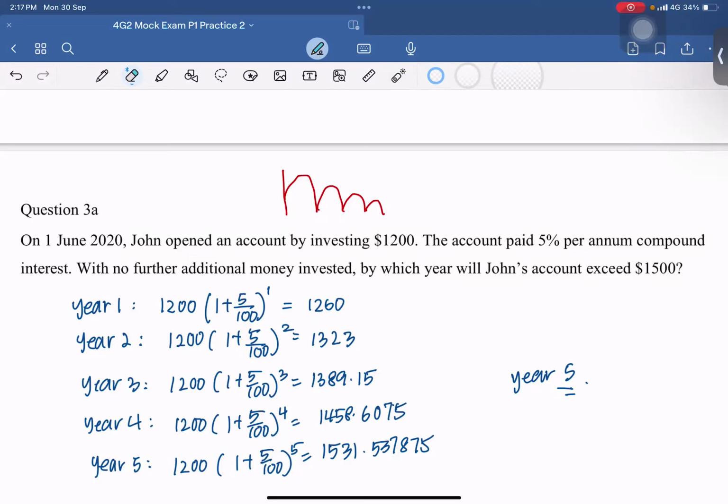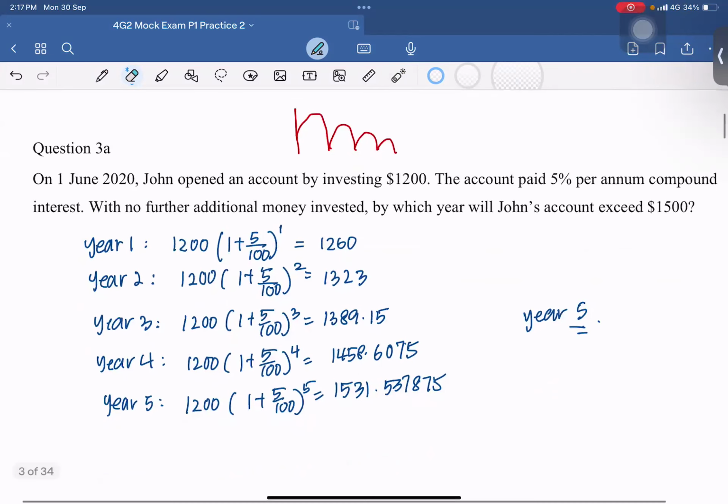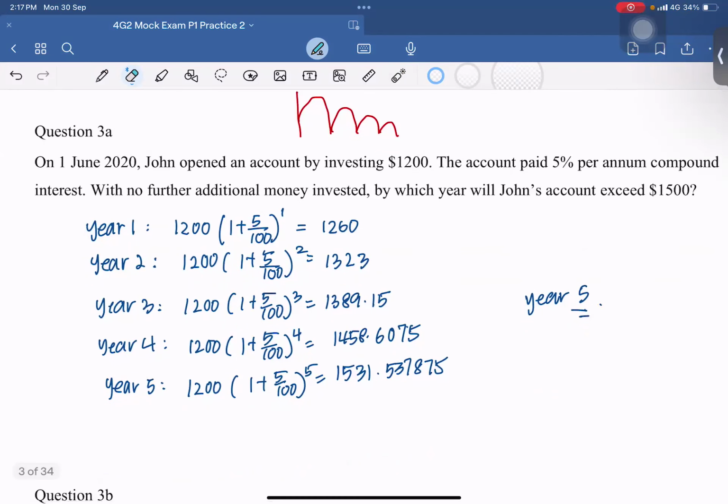Okay, so what I'm going to do, I'm going to just use my compound interest. They did not tell me how many years. Okay, read the question. I have the principal. I have my interest rate, but I do not have the number of years.